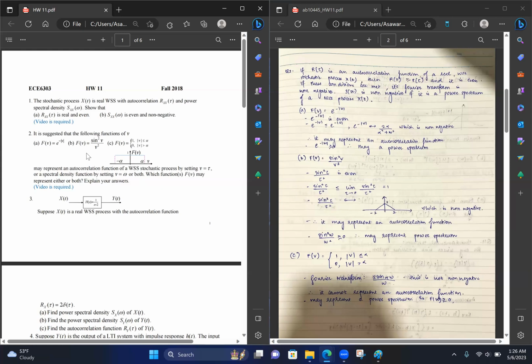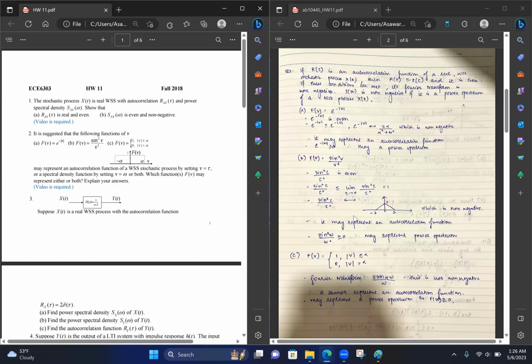Moving on to part B, where f(v) is sine square v upon v square. So sine square tau upon tau square is even. Then sine square tau upon tau square is less than or equal to the limit as tau tends to 0 of sine square tau upon tau square, which is equal to 1.